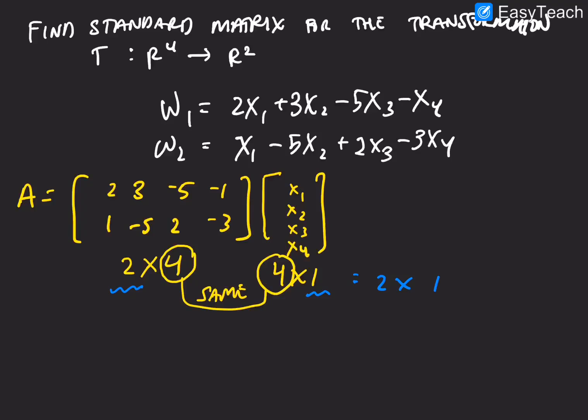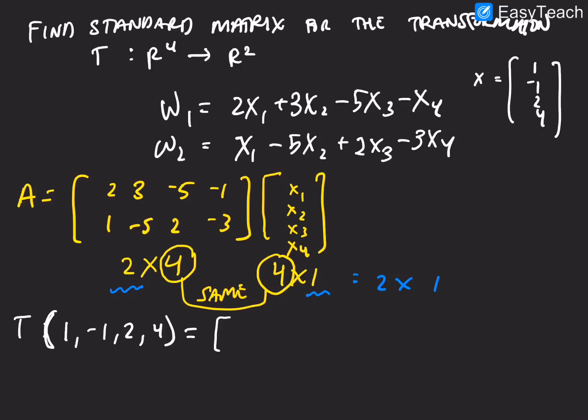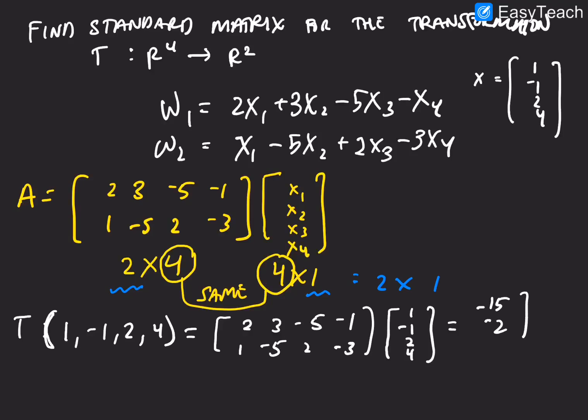So in this problem, they wanted you to find it for this x, where it was 1, -1, 2, and 4. So if we were to do this transformation with this x value, 2, 3, -5, -1, 1, -5, 2, -3 with that vector, it's going to spit out a -15 and a -2.